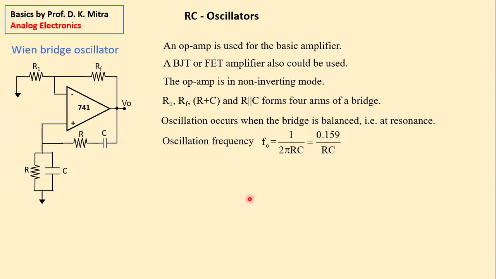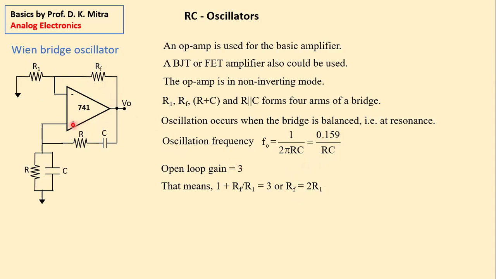Just remember once again, because the deduction is very lengthy, its frequency of oscillation is 1 upon 2 pi RC. That means 0.159 by RC. Another condition is this RF has to be equal to 2R1, because the gain of this amplifier needs to be 3.